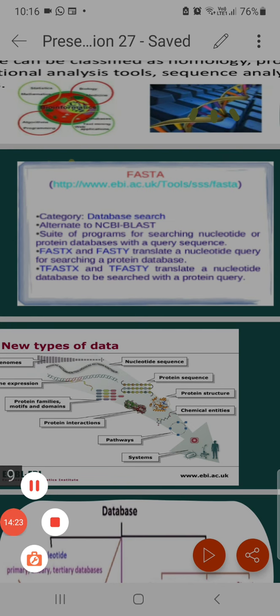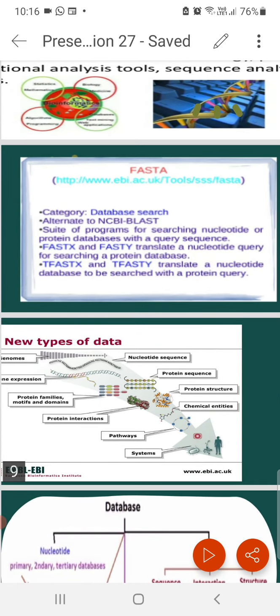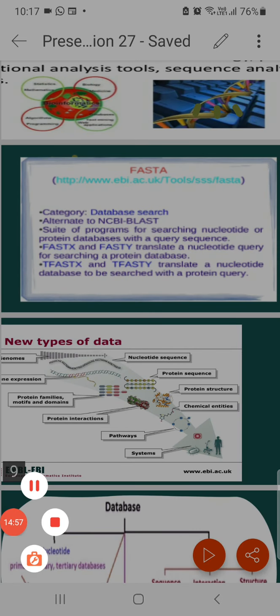So with this I stop here, and follow these step by step and go through the different databases, so that you can have an idea what the different databases are used for, helping in the biological field to study diseases and to study the development of treatment related to a particular disease.